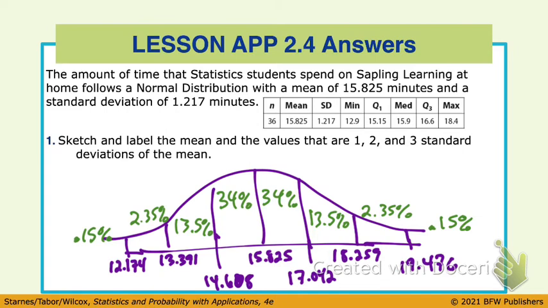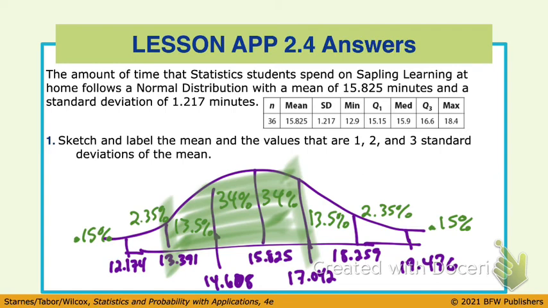Okay, all right, so number 2. I'm going to leave it on this screen so we can see it. Number 2 says, what proportion of the data is between 13.91 and 17.042? So basically, I'm just adding up those 3 sections.